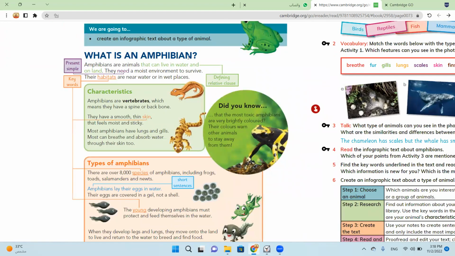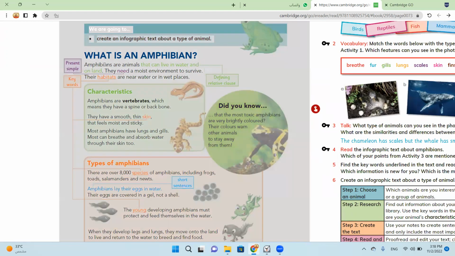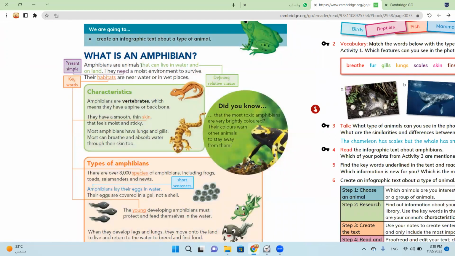What is an amphibian? Amphibians are animals that can live in water and on land. For example, frogs, turtles, lizards. They need a moist environment to survive, like mud, like watery places, and their habitat is near water or in wet places.